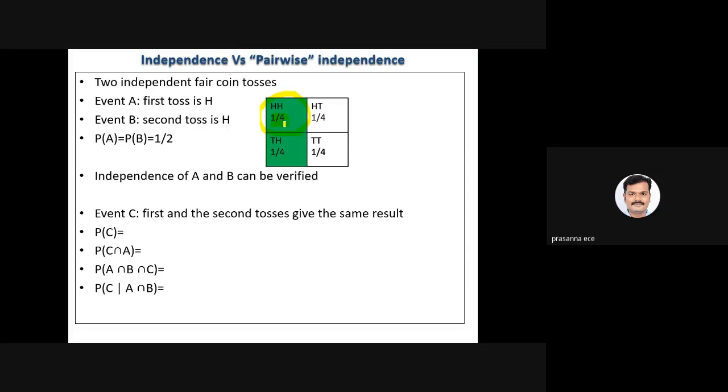This 1 by 4 is obtained by the product of P of A and P of B. So by this we mean A and B are independent events.